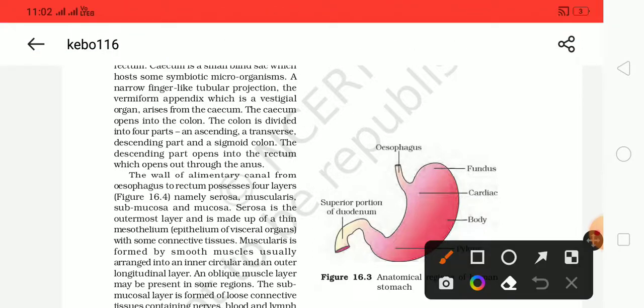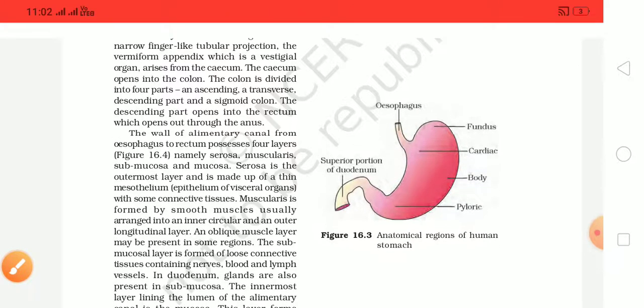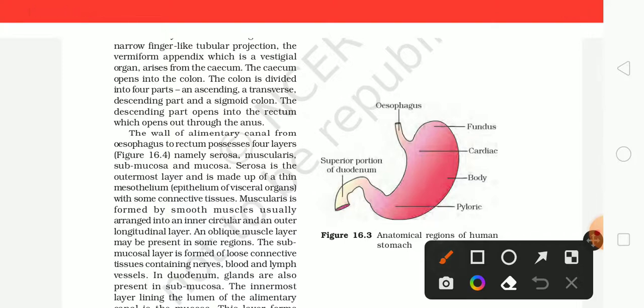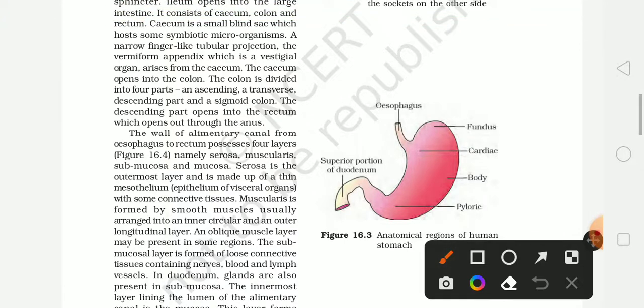So we'll see the stomach portion. This is the esophagus.